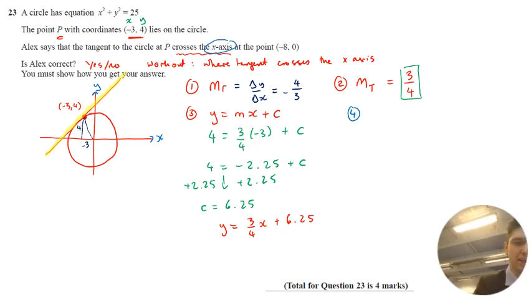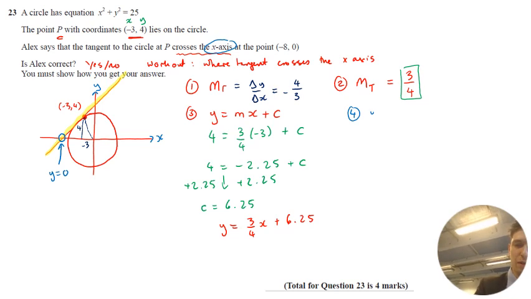Well, it crosses the x-axis at this point here that I'm circling. Now, what do I know about this point? Is x equals 0? Is y equals 0? Well, I think that at this point here, y is equal to 0 because it hasn't gone up or down in the y direction.